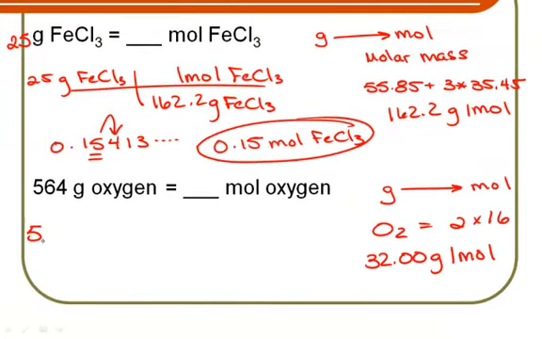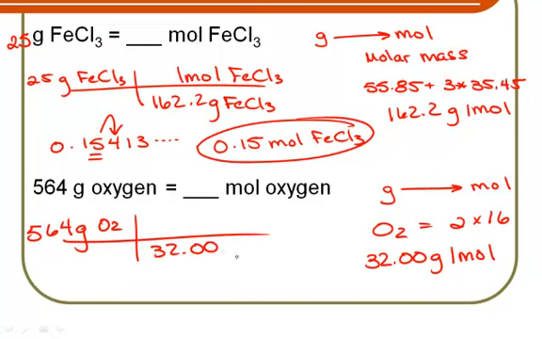So we start with our 564 grams of oxygen, and I want grams to cancel out, so I'll put 32.00 grams on the bottom and 1 mole on the top.